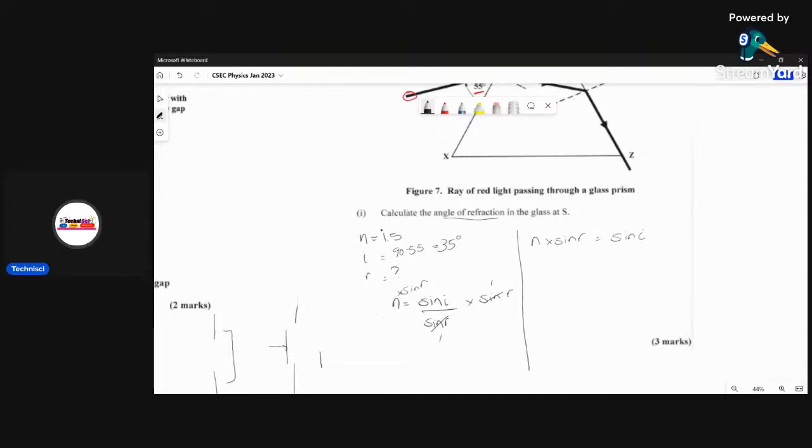So we want to get this, so we divide both sides by n now. So we get sine r is equal to, and I'm just going to substitute, the sine of 35 divided by 1.5. Do that one for me and let me know what your answer is.